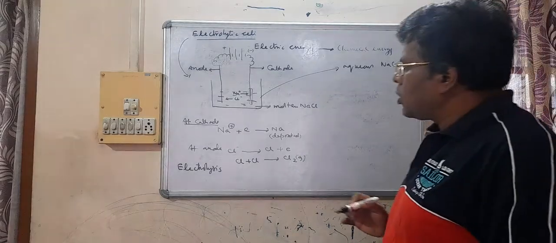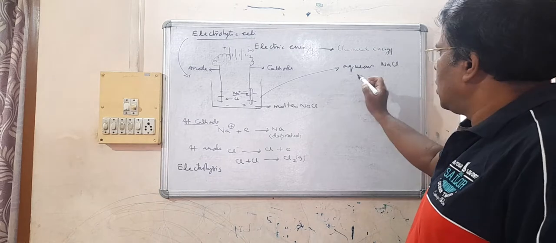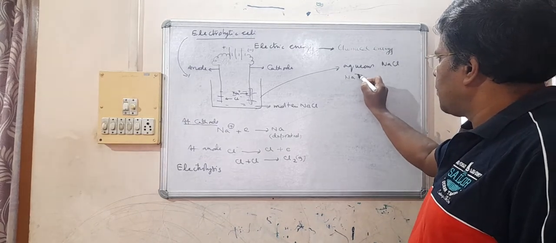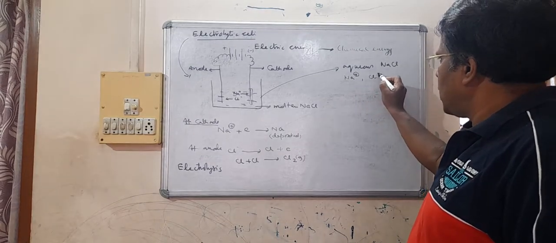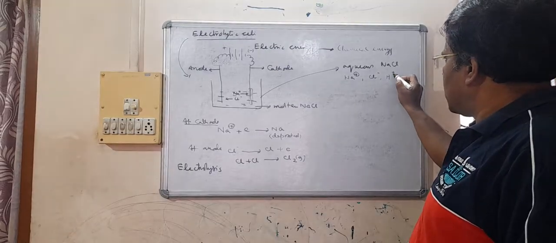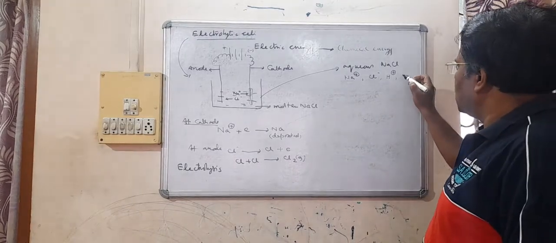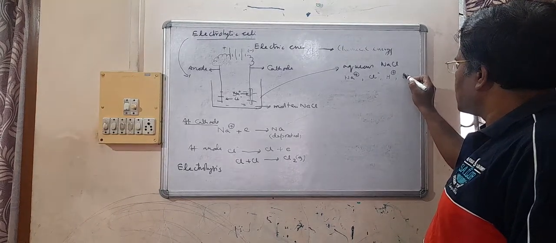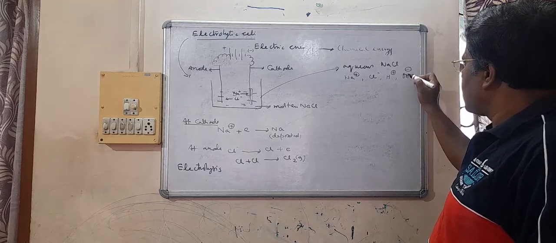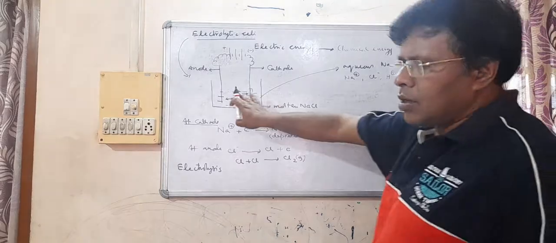When we have aqueous sodium chloride, there is Na+, there is Cl-, there will also be some H+ that comes from water, there is also OH-, and there is also water. So all these are present here.